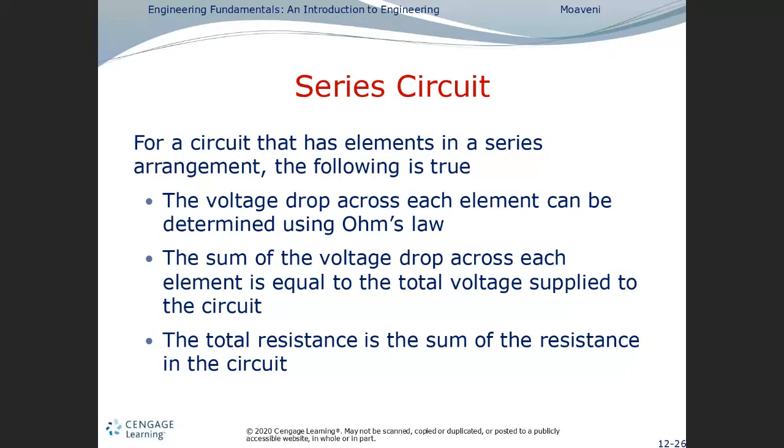When resistors are in series, the total resistance is the sum of the resistances. That means if you have multiple resistors, the total resistance is the sum of each of those resistors.